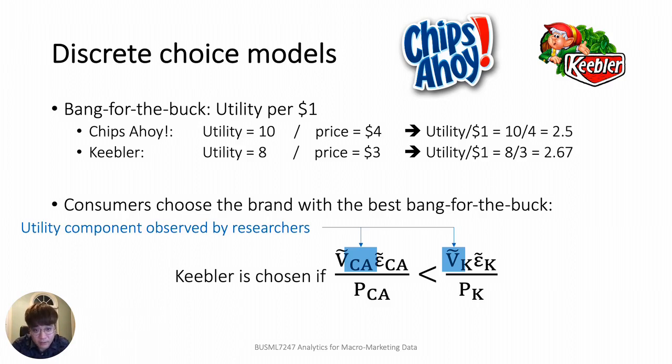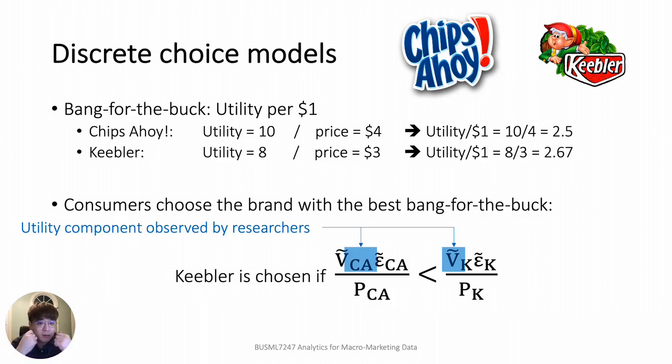In the numerator of the bang for the buck, which is the utility, there are two components. Utility is the consumer's attitude toward the brand in his or her mind, so we cannot directly observe utility. Instead, we can infer the utility from the data. But only some parts of utility can be identified from the data. An example is the difference between brands.